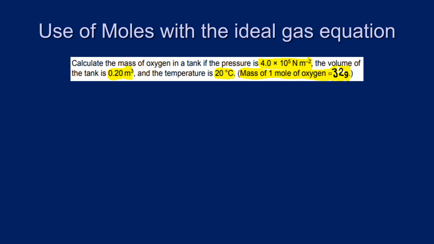So first of all, we'll write down what we know. I've highlighted the key points. Pressure we have as 4.0 times 10 to the 5. Temperature, we need that in Kelvin, so 293.